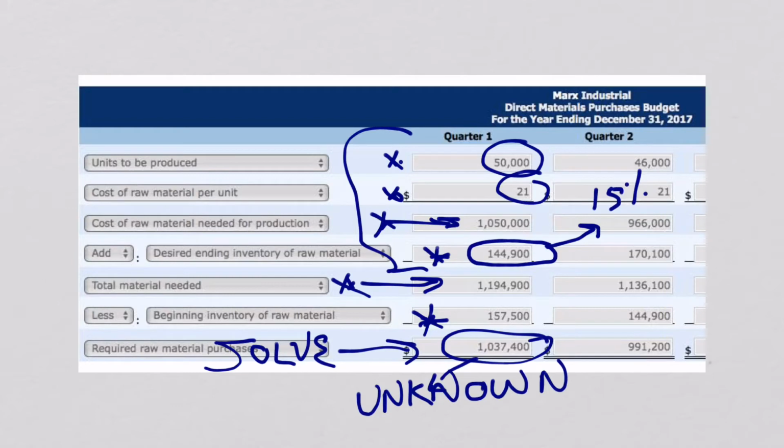So I want to make sure you're aware of how to do this particular problem. Also, in the case that they give you this and it is not the unknown, they may give you everything else and ask how much the beginning inventory would be. Or they might ask how much inventory goes up or down by a certain amount in a particular period, and you would have to calculate that.